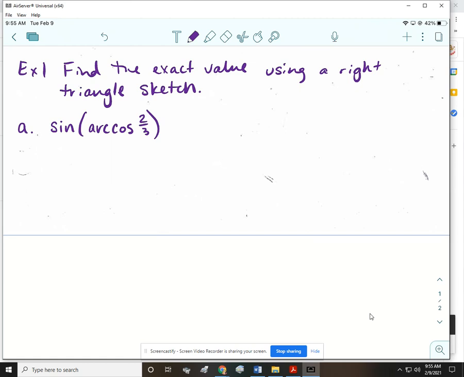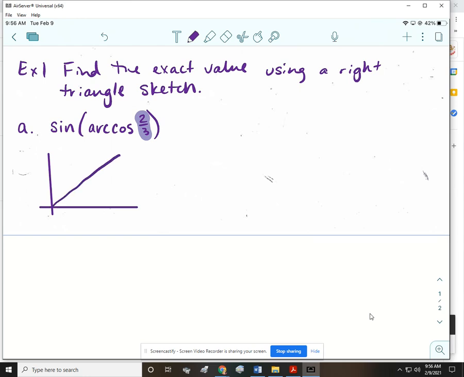So this arc cosine of 2/3 is an angle. So what comes out of arc cosine is an angle. So basically, if that value, that 2/3, is a positive value for arc cosine, actually for all of them, if it's positive, that's going to be quadrant 1.